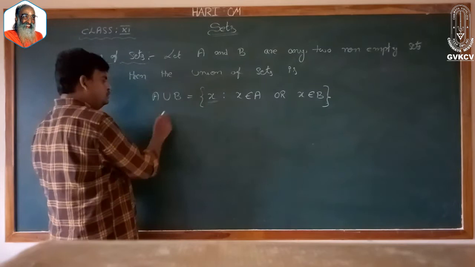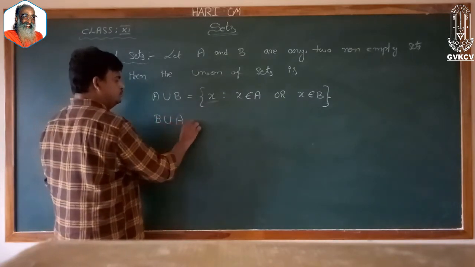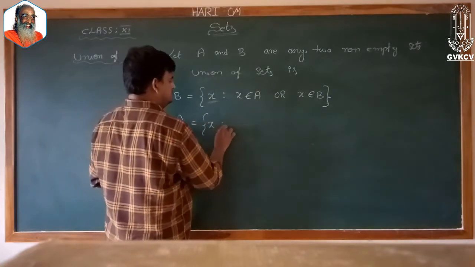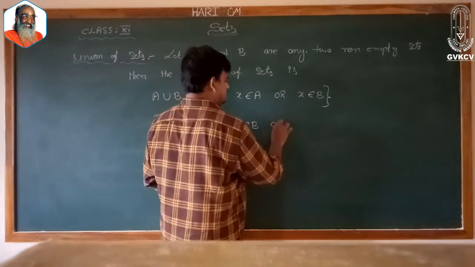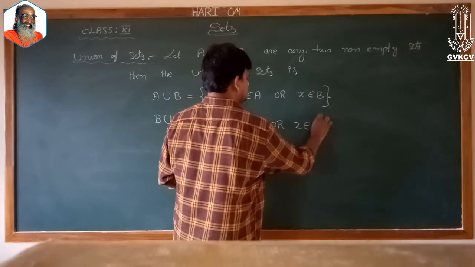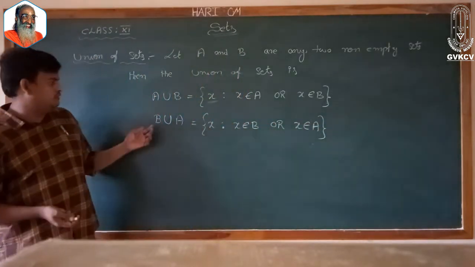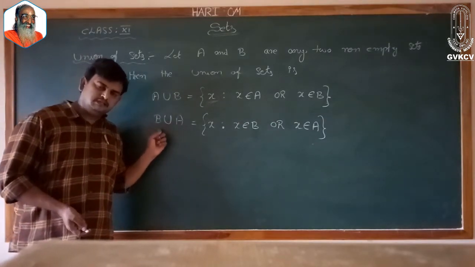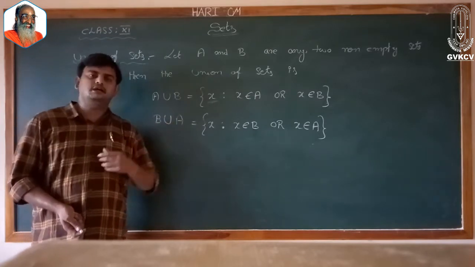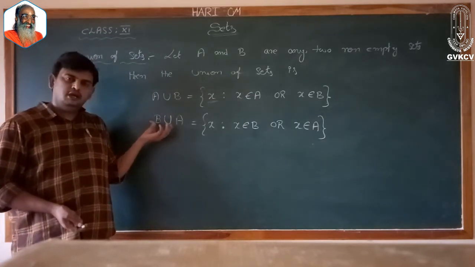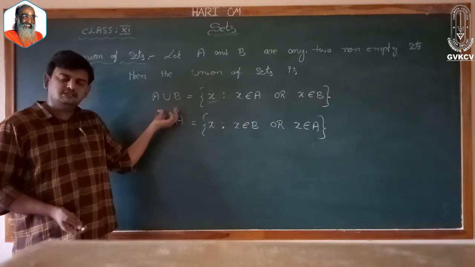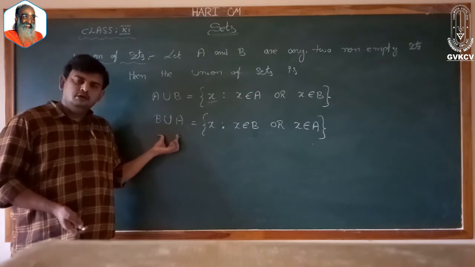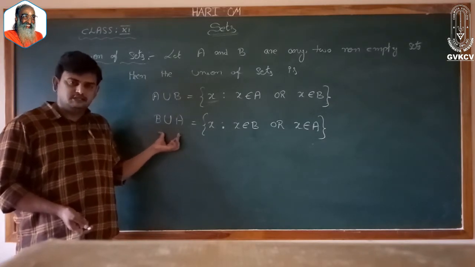When we calculate A union B or B union A, both give the same result. Even when we consider B union A, here also X may be in set B or X may be in set A. So A union B and B union A both give the same result.